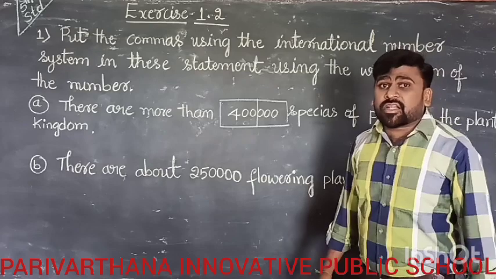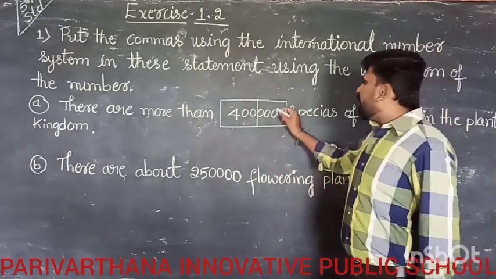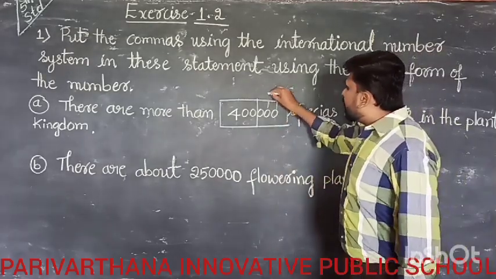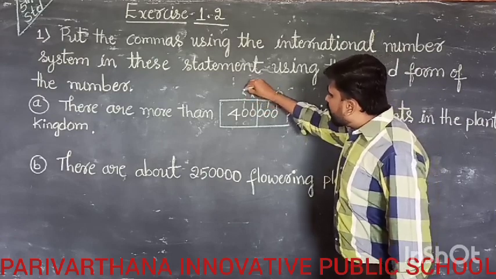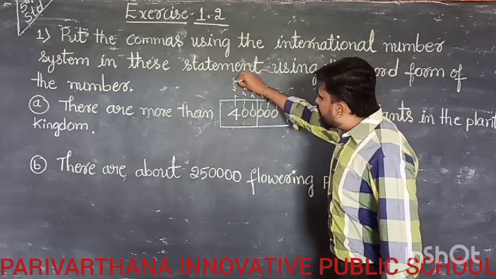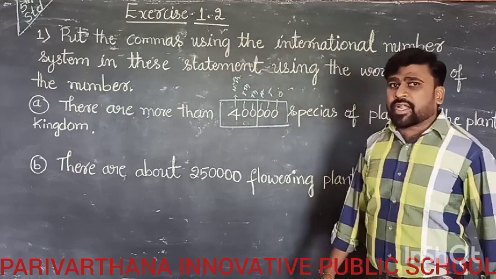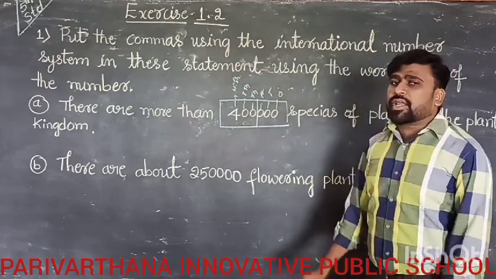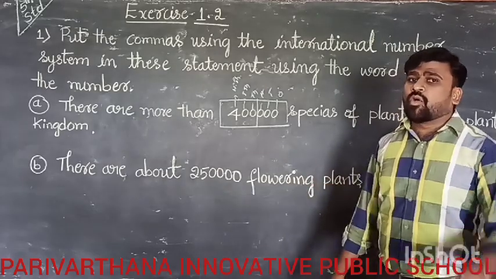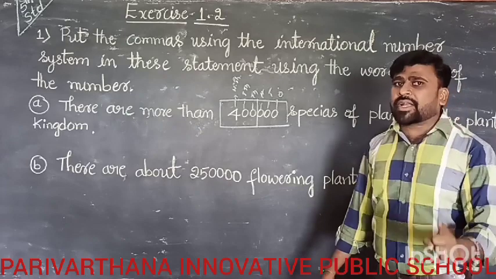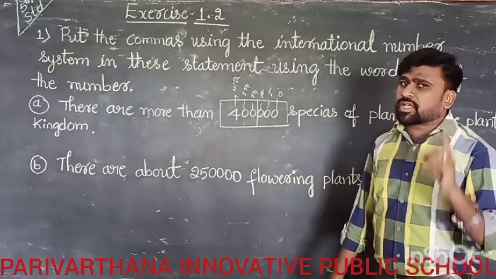Regarding the international system, first 3 digits are ones, 10, 100, 1000, 10,000. After 10,000, it is 100,000. You already know how to read the international system. Only one clue: the hundred place we have to read separately.